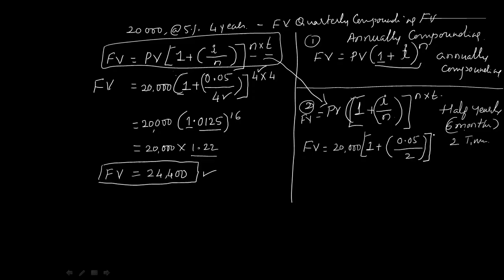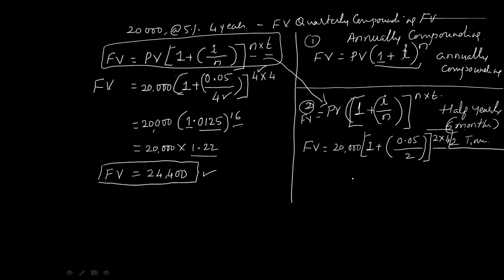Complete the whole bracket, 2 times into 4 years. So this is the calculation we take. So 2 into 4, the whole raised to, here it is 16, but in this case it will be 8. So this is the simple change that we are going to make.